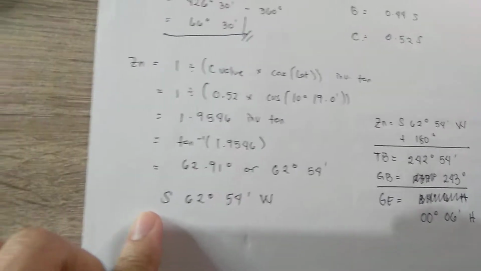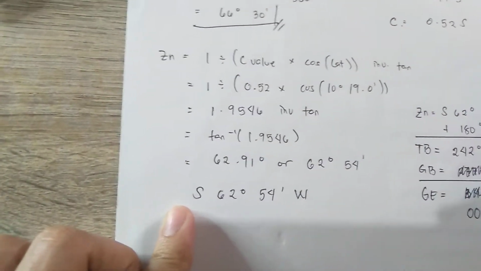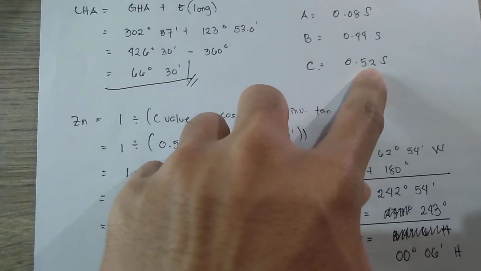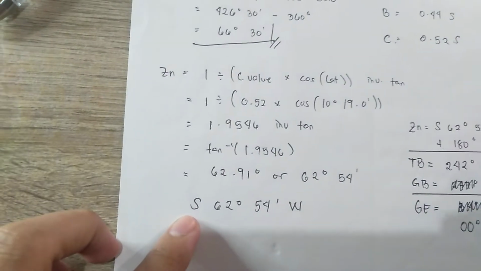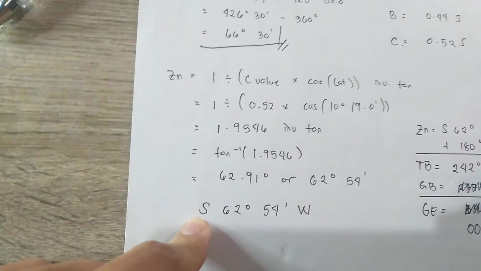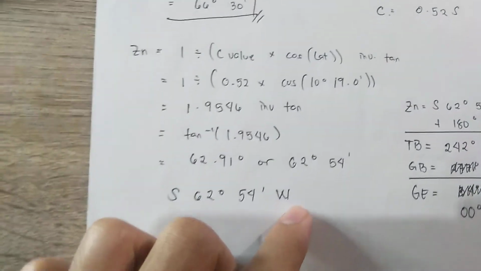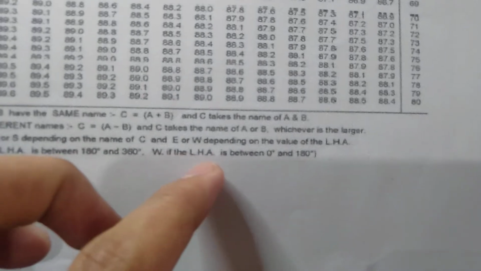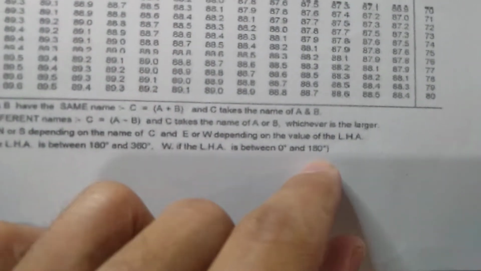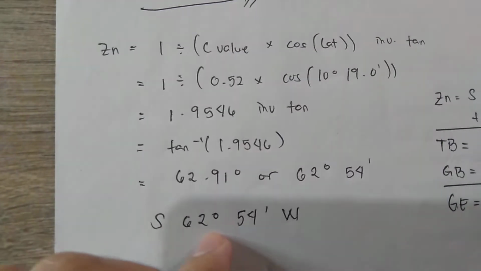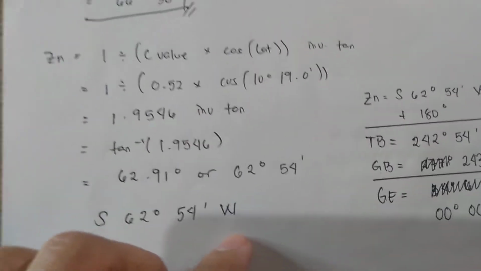Then we name the azimuth, which depends on the C. Since C is south, our prefix would be south, and the suffix would be west, because if the LHA is between 0 and 180, and 66 is between that, it would be west. So south 62 degrees 54 minutes west.